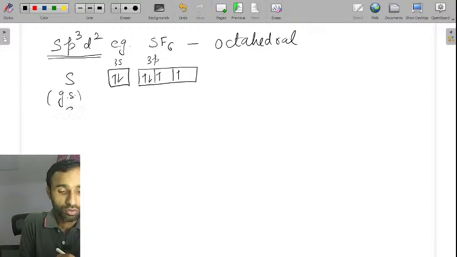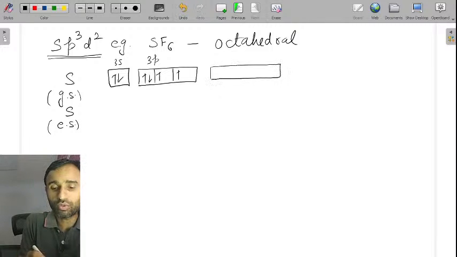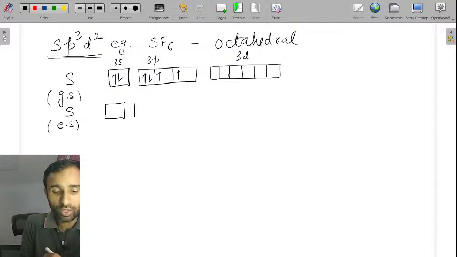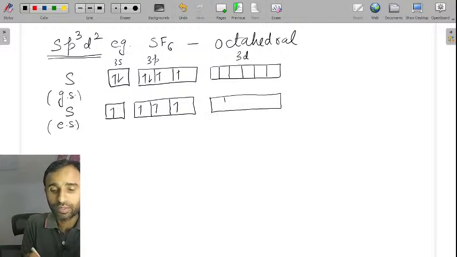Now, to get 6 unpaired electrons, obviously we have to use the sp3d orbital. Good, beta. So, one of the electrons from 3s and one of the electrons from 3p are shifted to 3d. 1, 2, 3, 4, 5, 6.